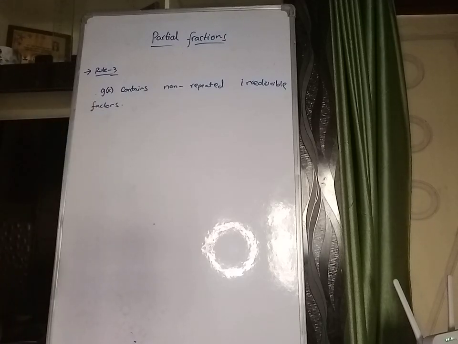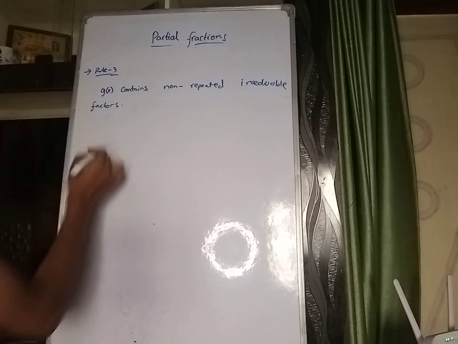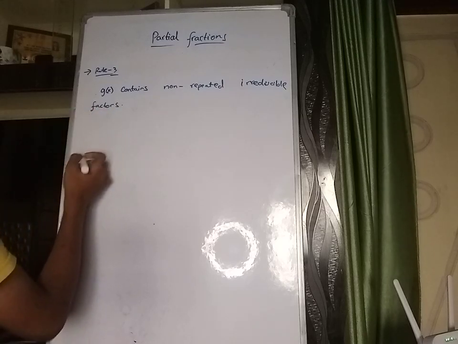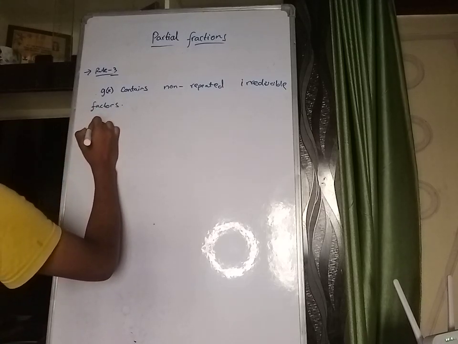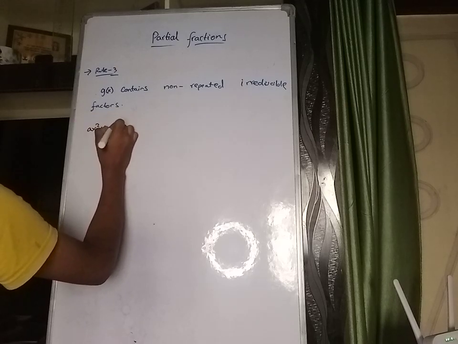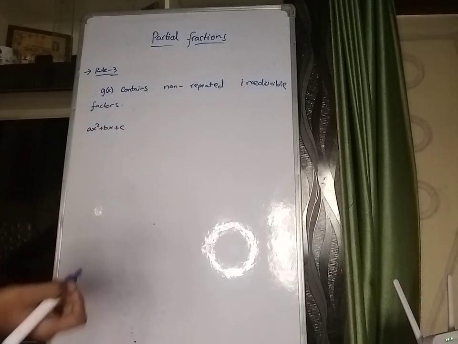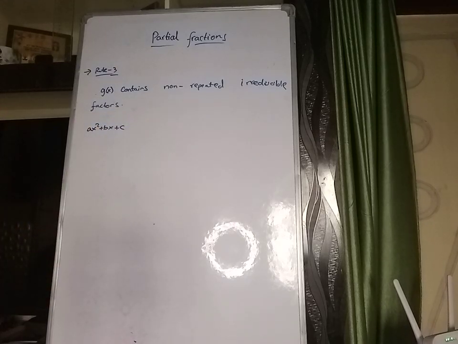So let f of x by g of x be a proper fraction, and ax square plus bx plus c is an irreducible factor.